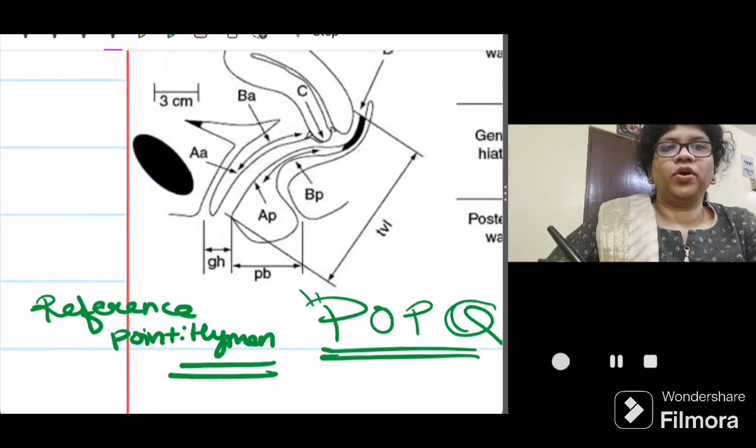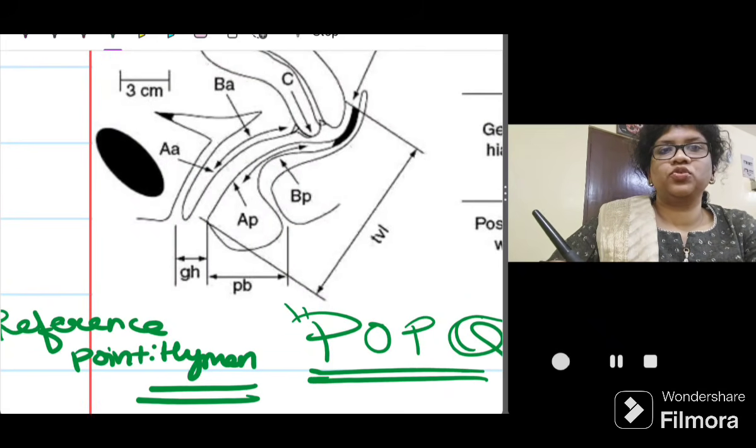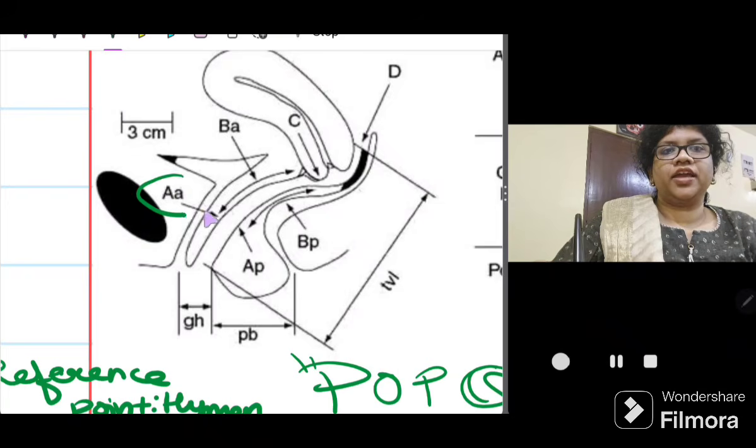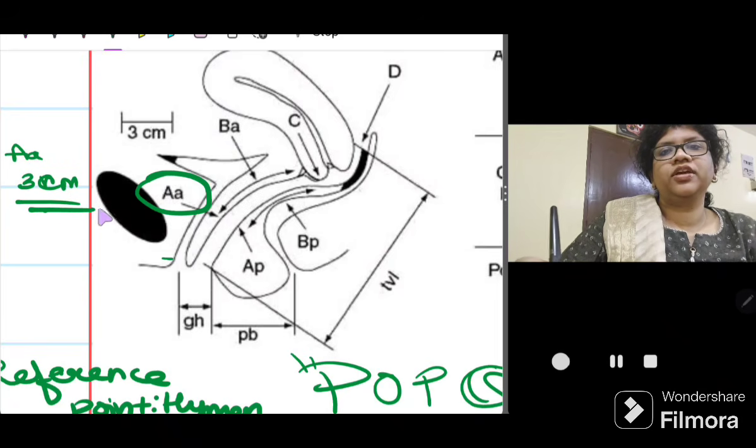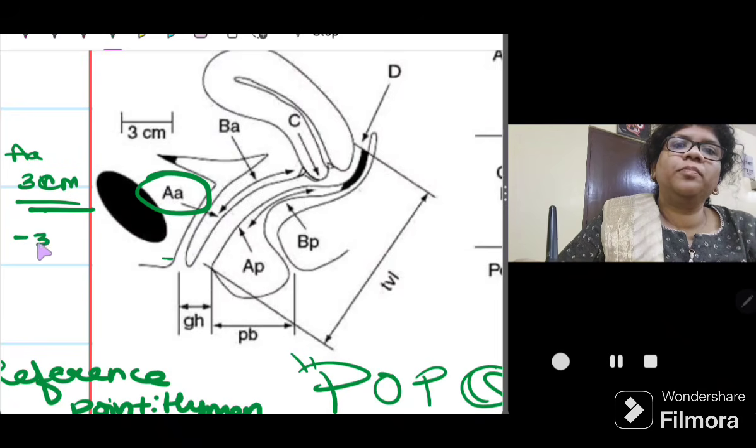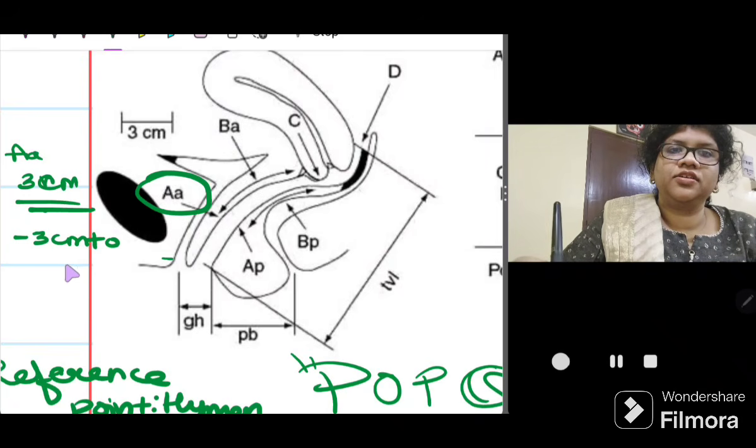So what are the points? Basically you have 6 points to remember. First is the AA. AA is the anterior wall of the vagina 3 centimeter from the hymen. So suppose this is the hymen, then AA is 3 centimeter from the hymen. It can range from -3 to +3.